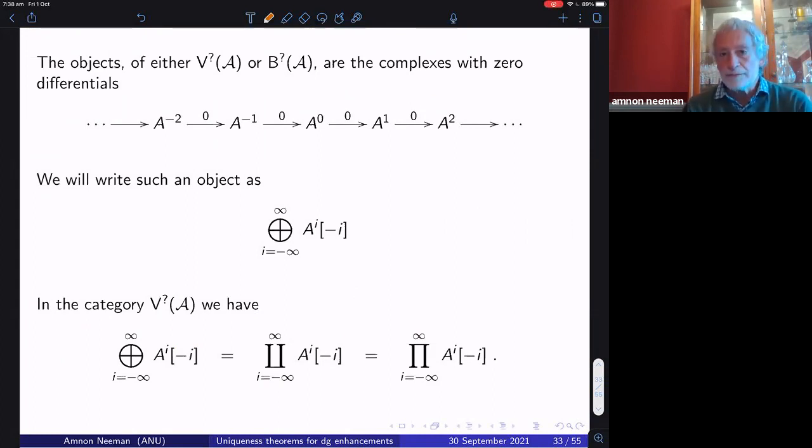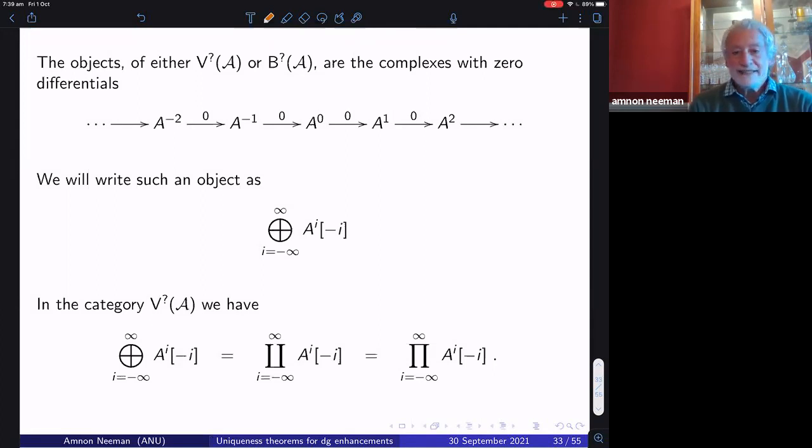There's nothing to stop me from considering the full subcategory of these objects. I'm going to formally write such a cochain complex as the direct sum of the shifts of the A_i. After all, the A_i are all the information. There are no differentials. The differentials are all zero.